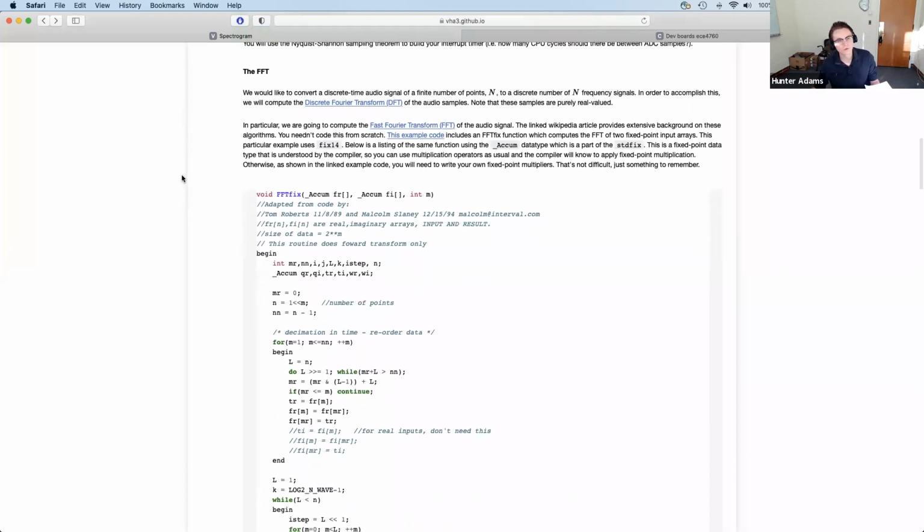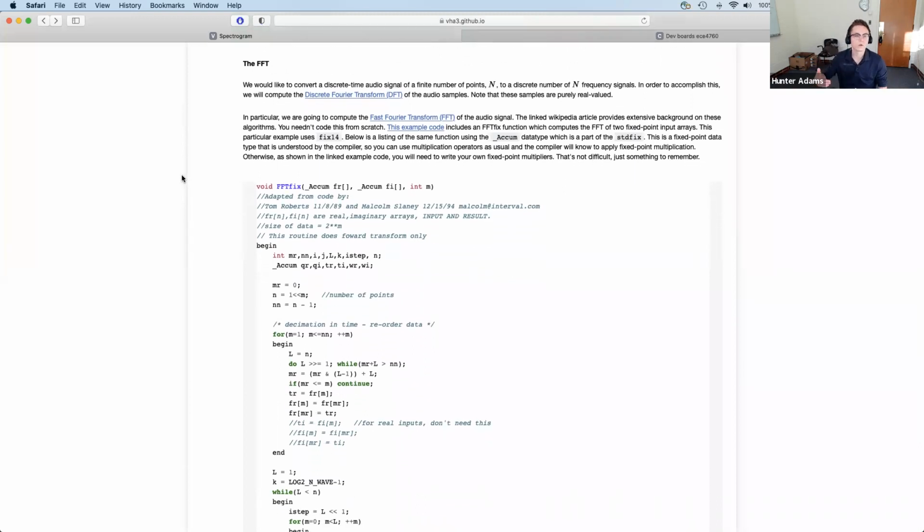You will have some interrupt service routine that's running at some rate, whatever rate is required in order to recover signals that are as high frequency as the user input range of your spectrogram. Within that interrupt service routine, you'll gather some amount of samples. In fact, you're going to gather 512 samples.